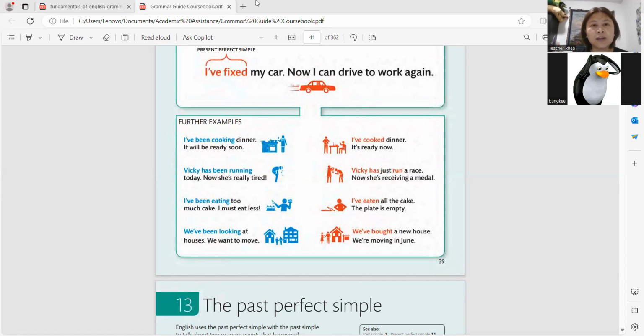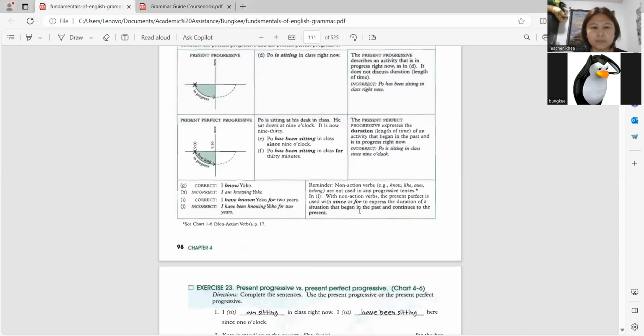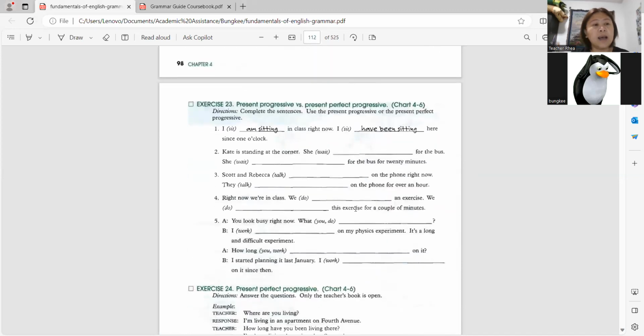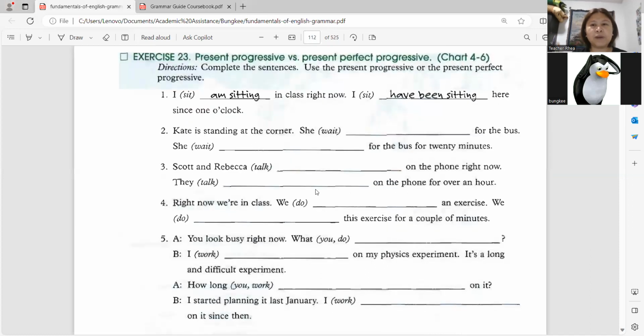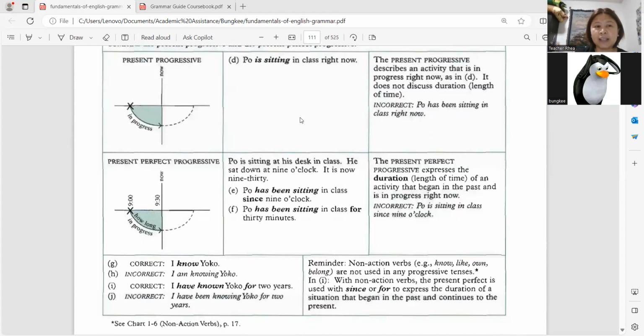So we have here, let's try this one. Present progressive and present perfect progressive. What's the difference between present progressive and present perfect progressive? In present perfect progressive, again, the event started in the past and is still continuing in the present.